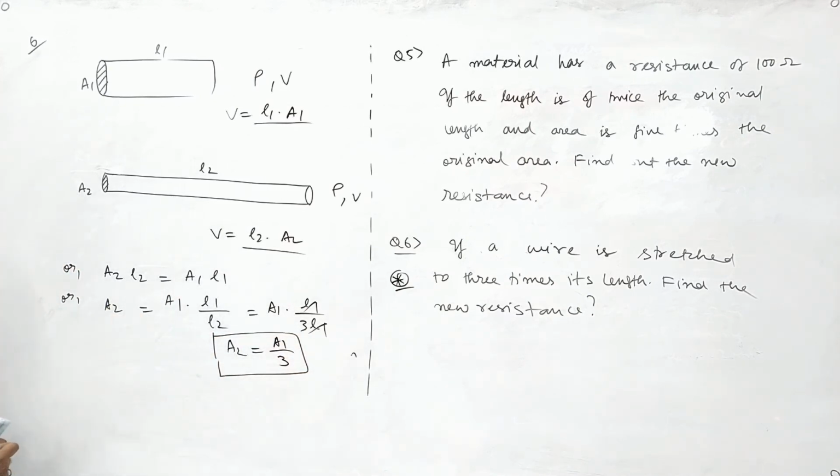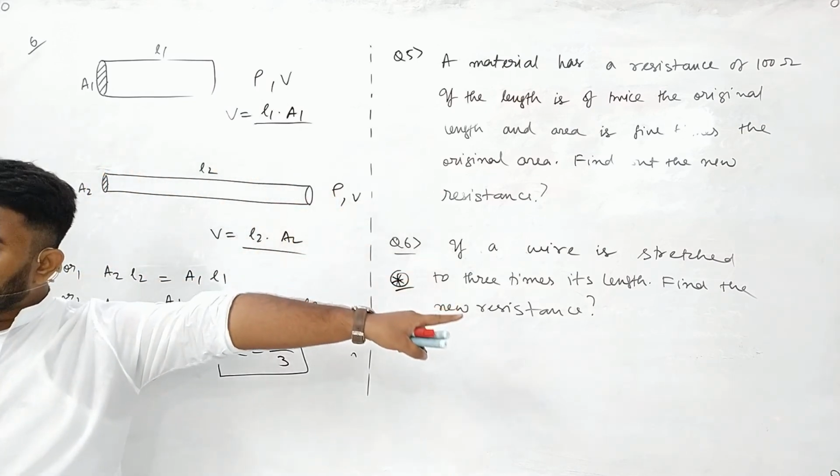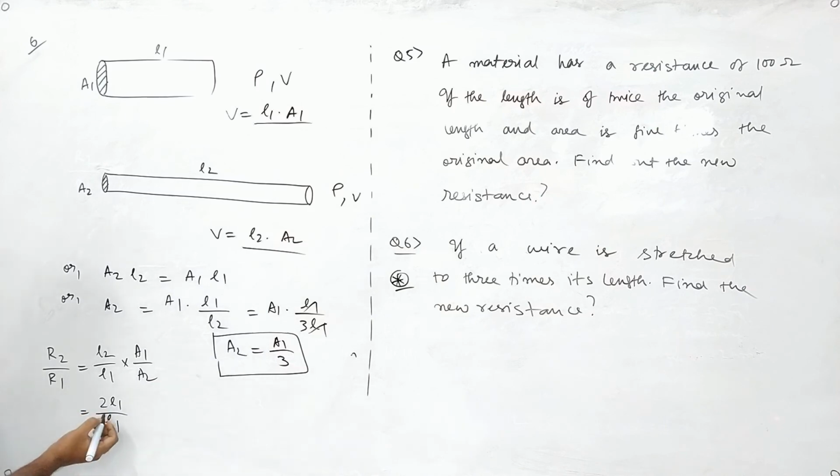Okay. Now, as we have done previously, R2 by R1 will be L2 by L1 into A1 by A2. We have just done it in the previous case. Now L2 by L1 is 3L1 by L1, because we have stretched it to thrice the length, into A1 by A2.